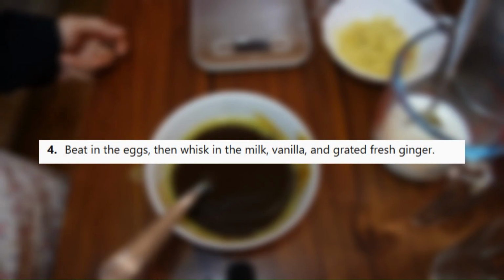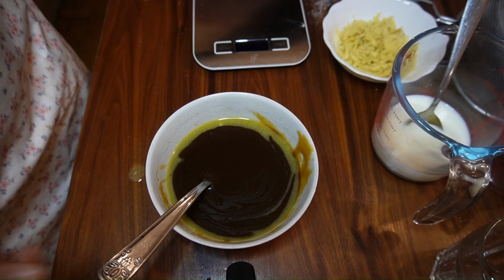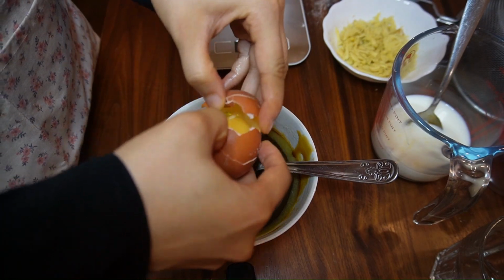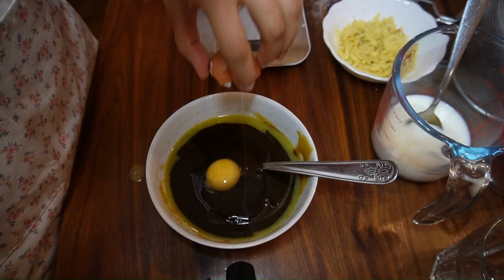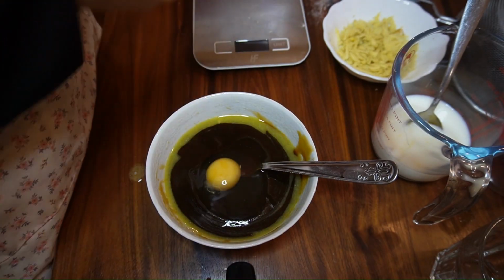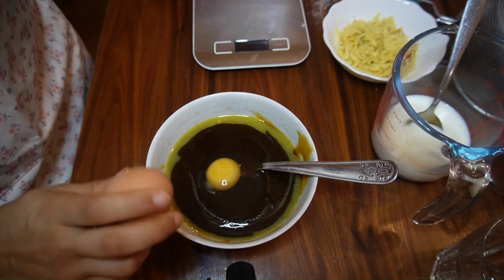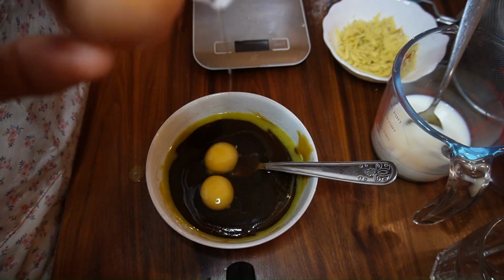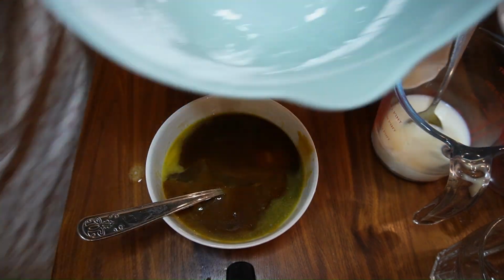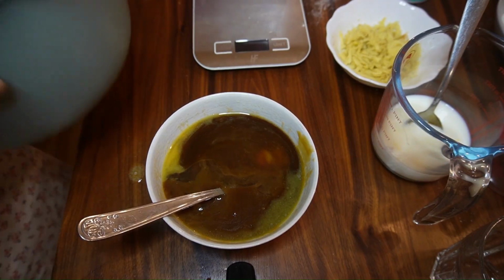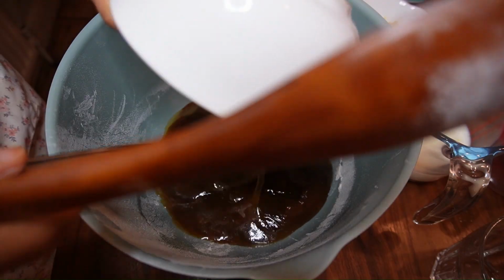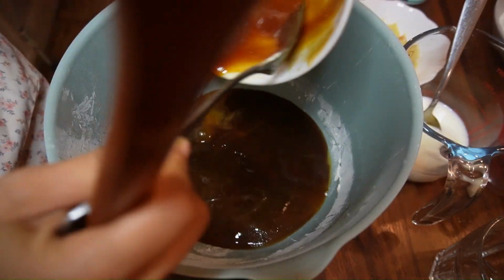Beat in the eggs, then whisk in the milk, vanilla and grated fresh ginger. Right, I've just emptied the original flour bowl out, and I'm going to put the wet ingredients in here instead, because I won't be able to mix it properly otherwise.